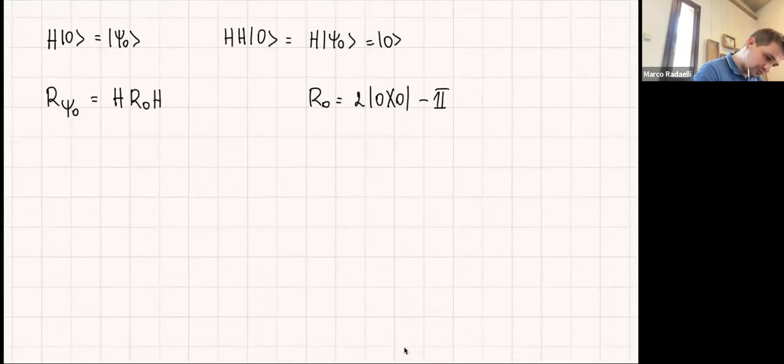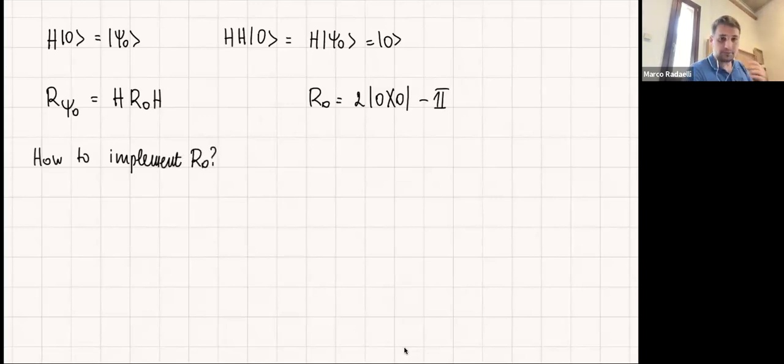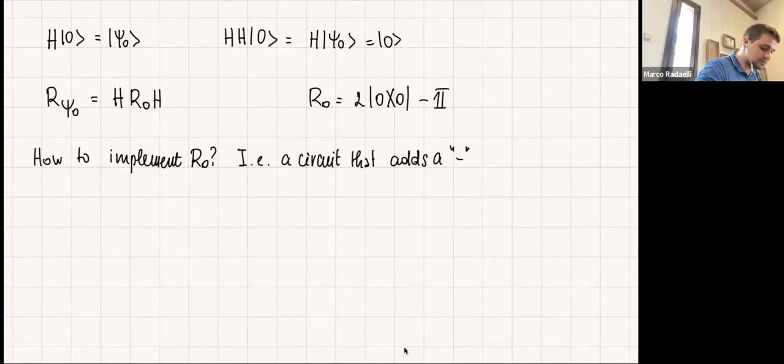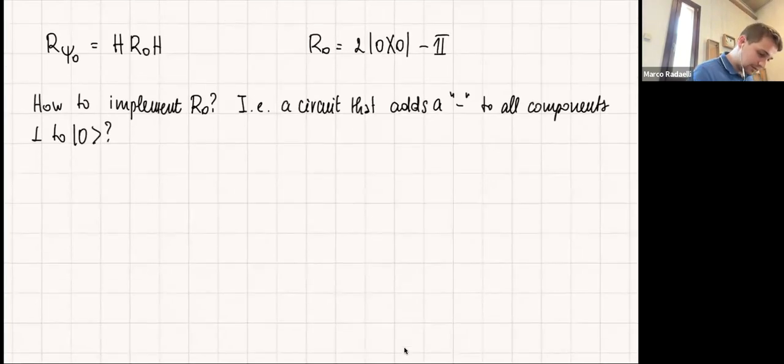Now we map the problem into the problem of how to implement R0: how to implement a circuit that adds a minus to all components orthogonal to 0. How to implement this?